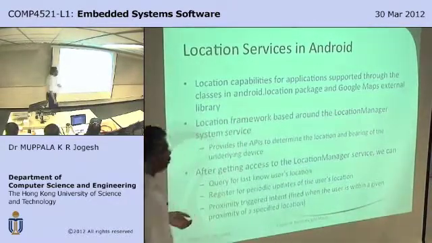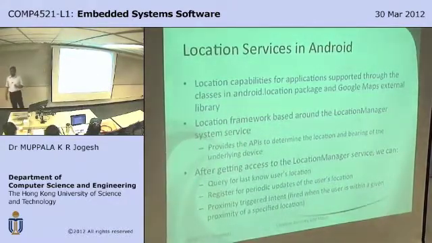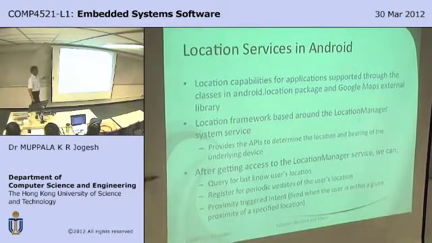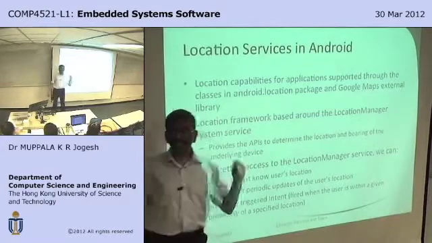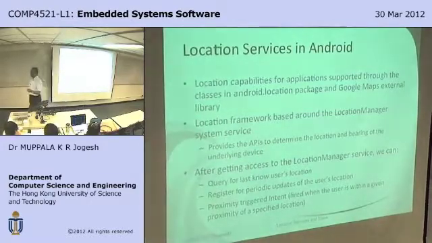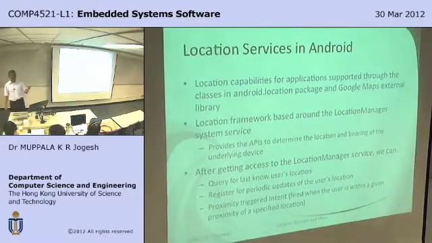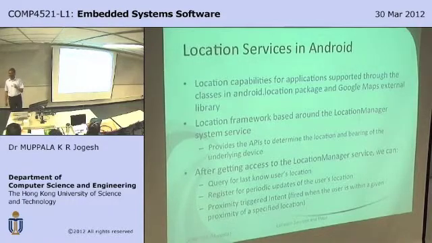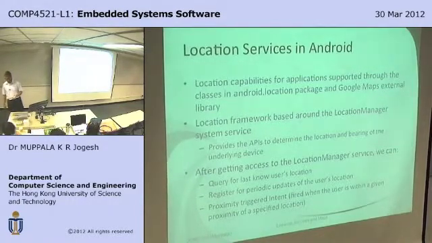Okay? Now, so if you need to get this information, first and foremost, you need to get a handle to the Location Manager in Android. So in the code, you will declare a handle called a Location Manager, and then you will say getSystemService Location Manager, and then you will return a handle. After you get a handle to the Location Manager, then you can invoke the methods of the Location Manager in order to get information.